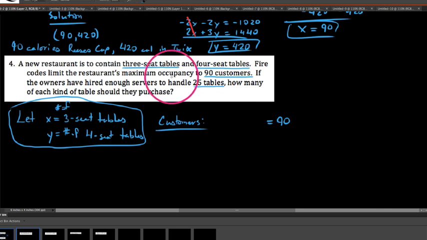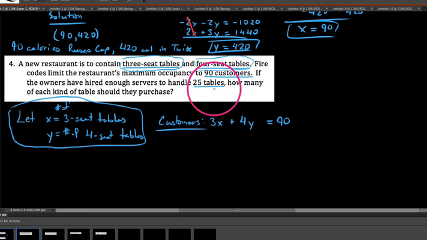They said there were 3 customers per table and 4 customers per table. Since x and y represent the number of tables, we say: 3 customers times the number of 3-customer tables plus 4 customers times the number of 4-customer tables. Adding all of that up, we should have a maximum occupancy of 90 customers. So our customers equation is 3x plus 4y equals 90.